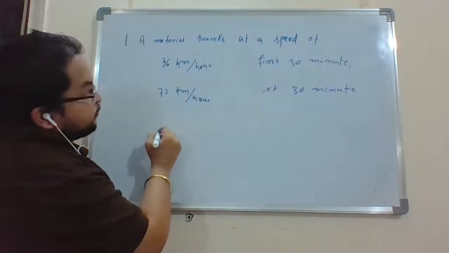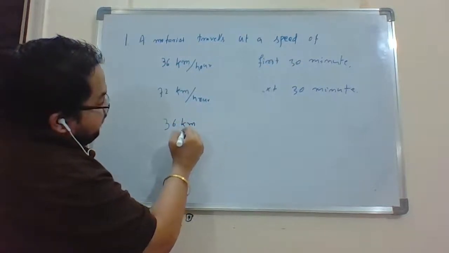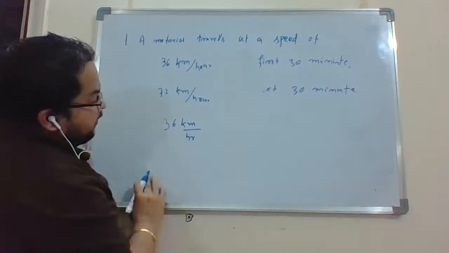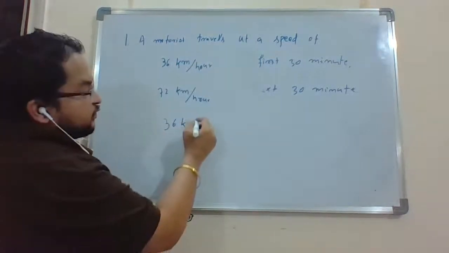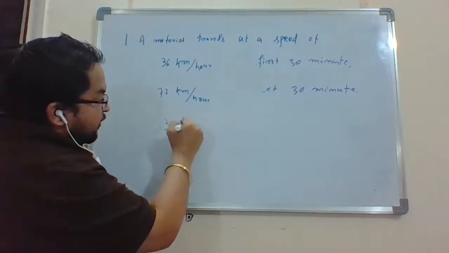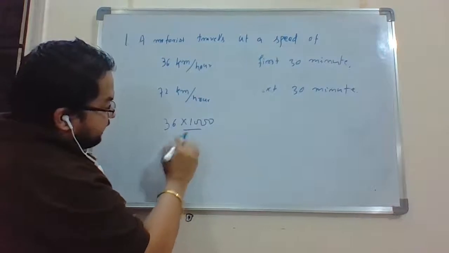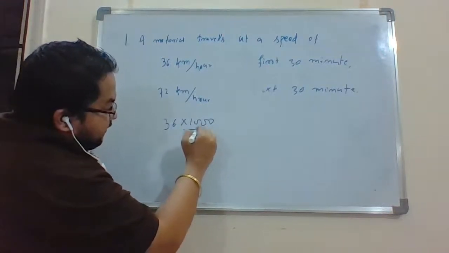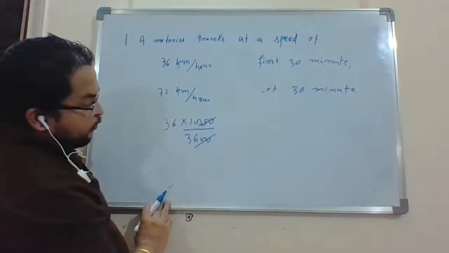Now let us convert everything into meter per second. If I convert into meter per second, I would multiply by 1000 by 3600.